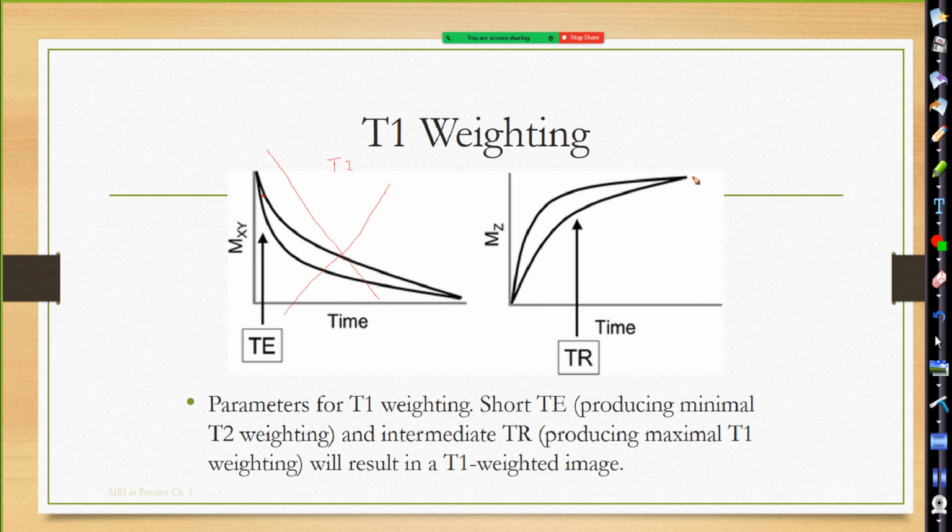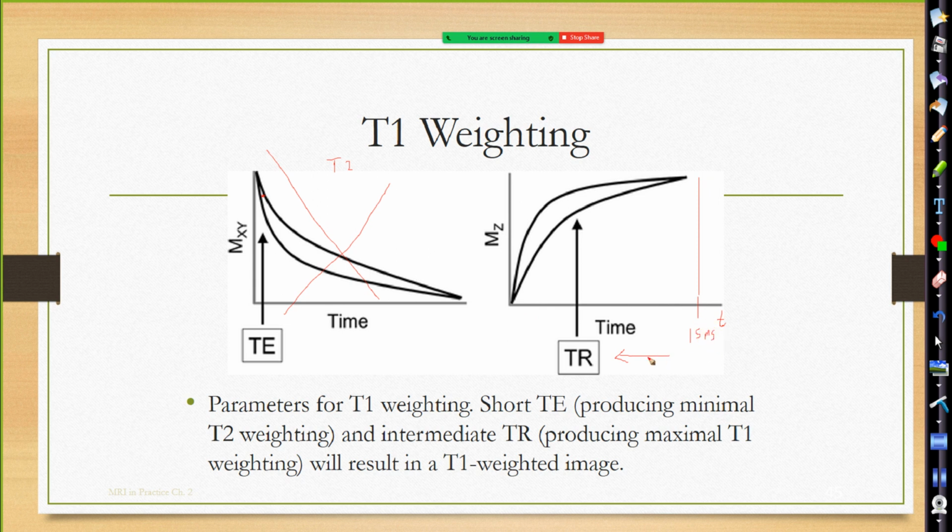We don't wait for all the tissues to fully recover like in a proton density. We select a shorter TR. See how our TR is shifted to the left? And remember, this is milliseconds. This axis right here is in time. So for the proton density, we allow those tissues to fully recover. And let's say that was like 15 milliseconds.